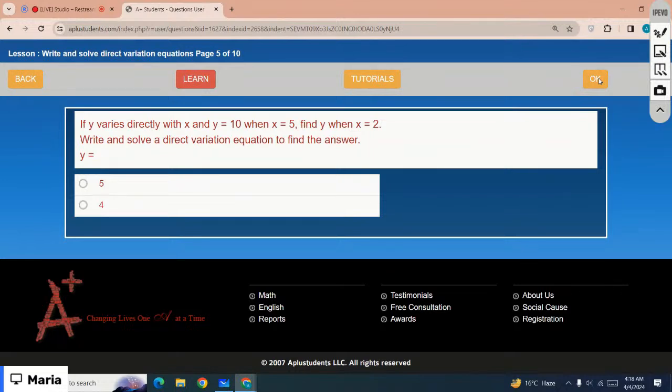The correct option is 4. Option number 2 is the correct option for this one, right?